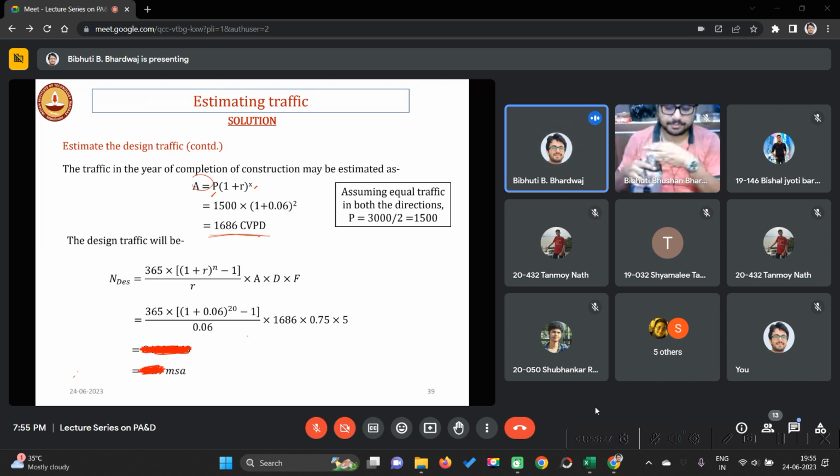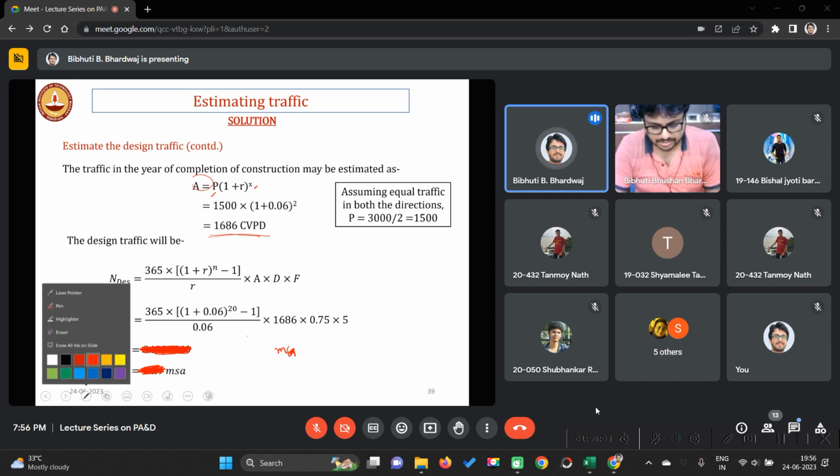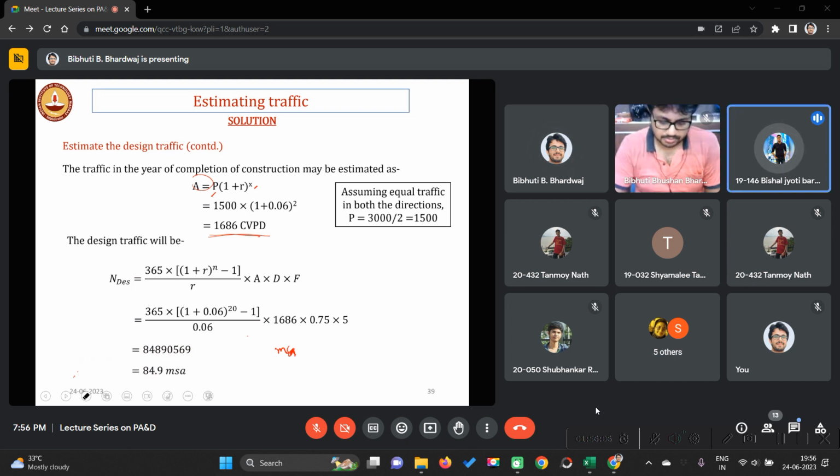Tell me the value. Tell me this, without converting to MSA, how much are you getting? Or you can check. Sir, 84.9.